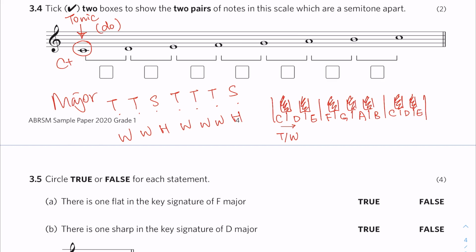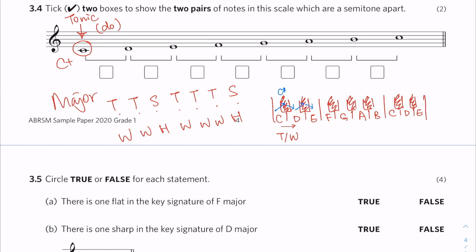For example, from C, this white note going to this black key, this is the closest distance. So from C going to C sharp is a semitone. And from C sharp, the black key, going to the next white note, D, is a semitone, so on and so forth.